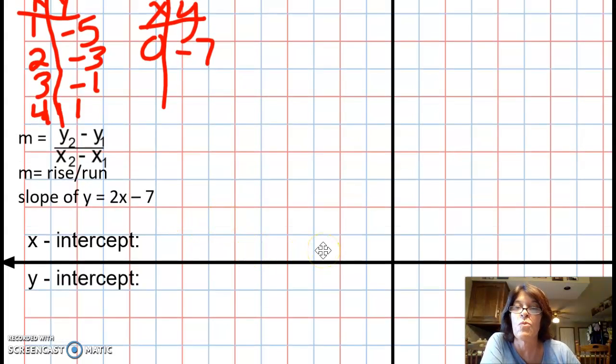Like I said, maybe it's 1, -5. Maybe we're at 2, -3. Okay, maybe we're at 3, -1.